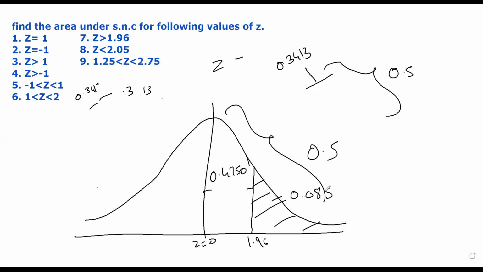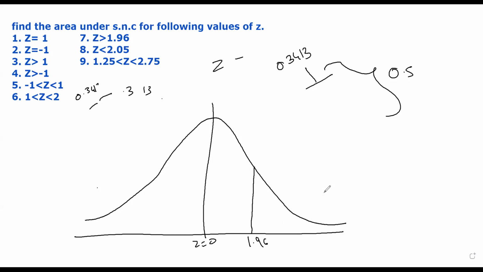Now we'll find the area which is less than 2.05. Suppose Z equals 2.05 is here.